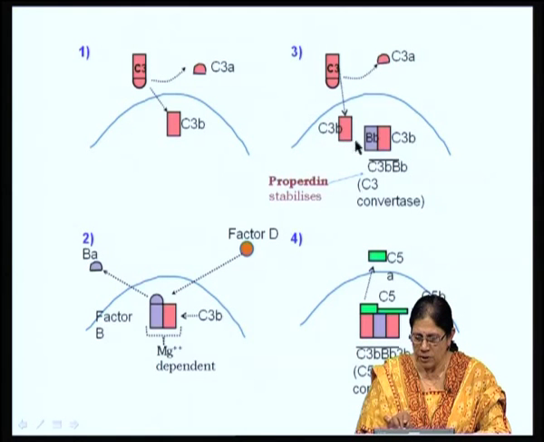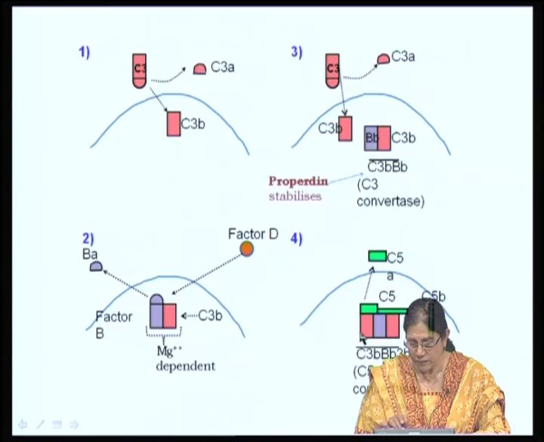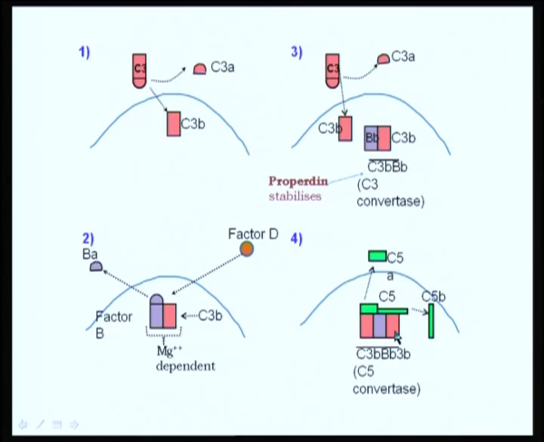Now C3b is recruited to this site, which becomes a C5 convertase. So you have C3b-Bb, which is the C3 convertase, and you have C3b-Bb and C3b. Now the C5 convertase has 2 molecules of C3b and 1 molecule of Bb.